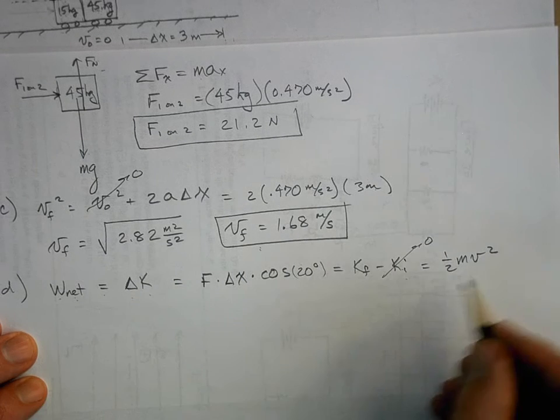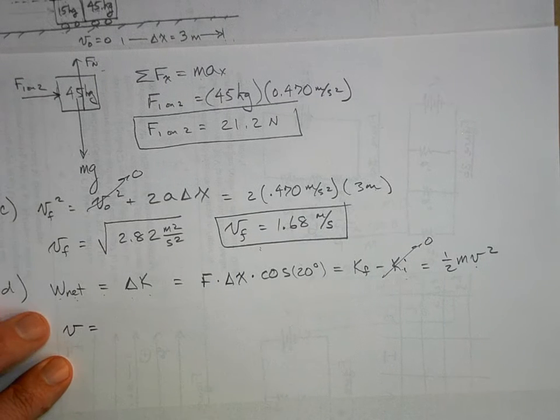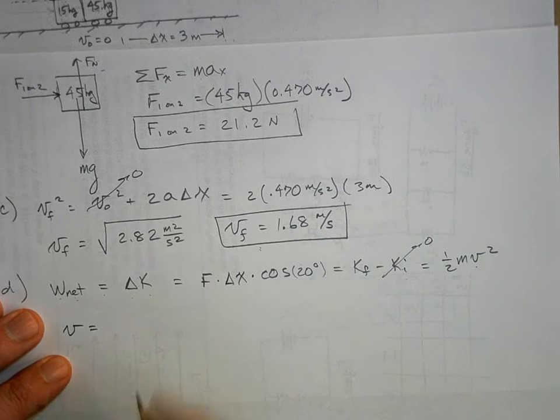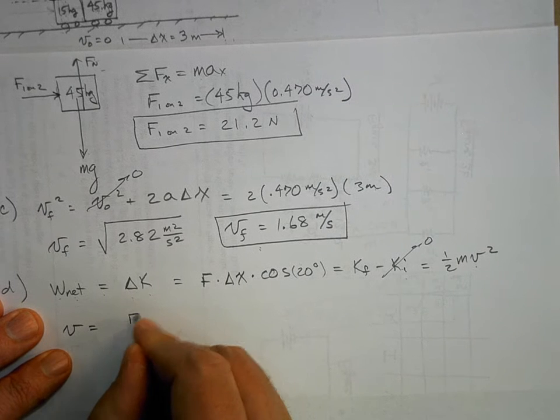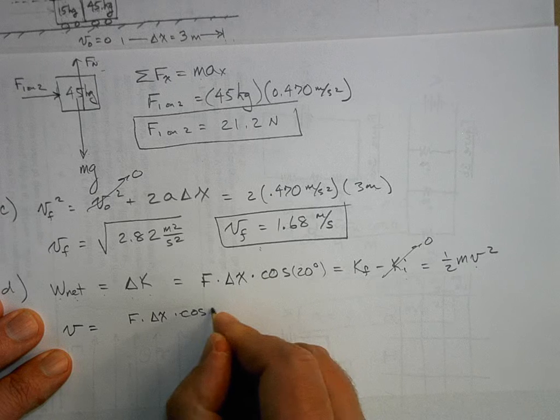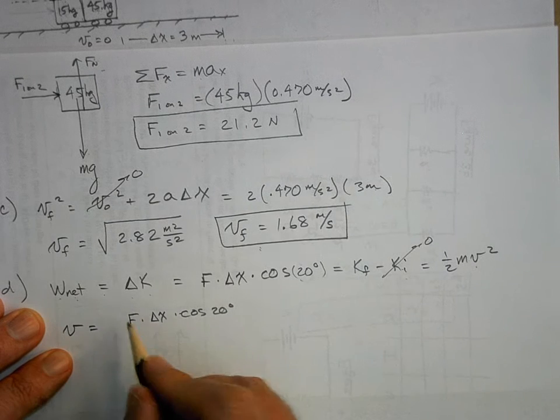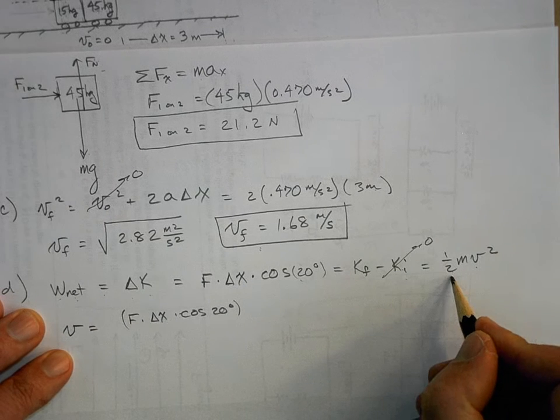So I'm going to solve for v now. So v is going to be equal to F times delta x times the cosine of the angle. That's the work done. I'm going to multiply it by 2 because of that 1/2 right there.